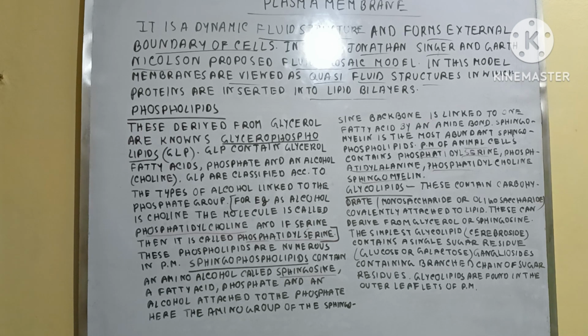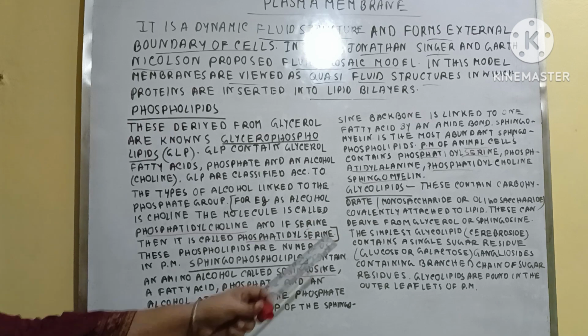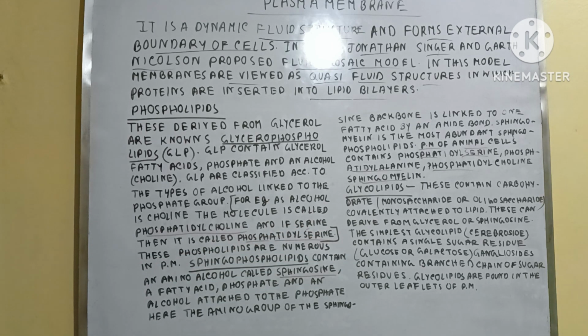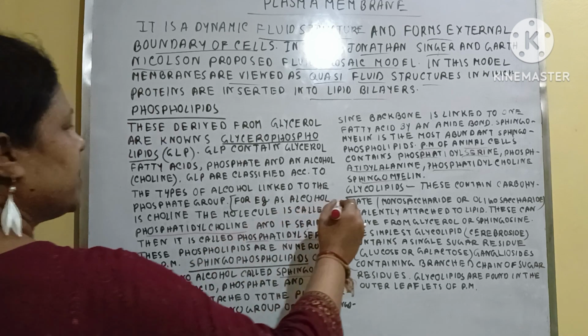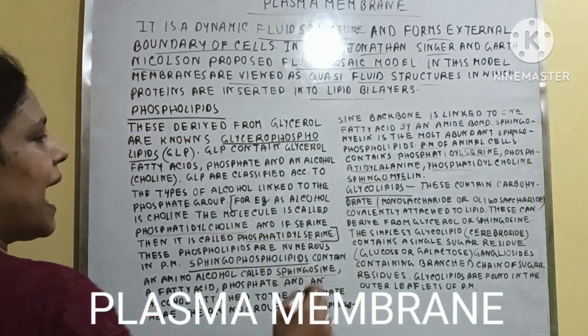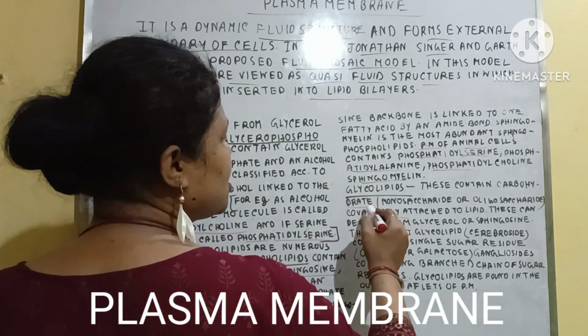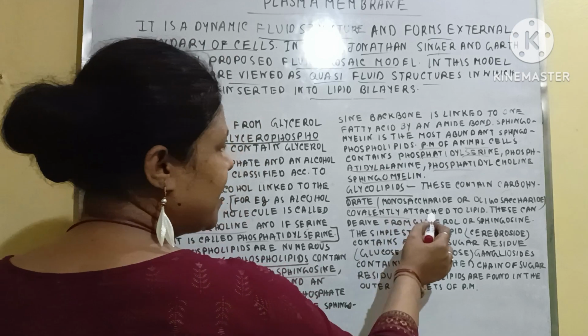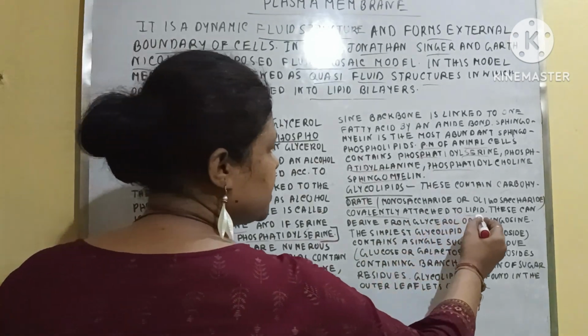After phospholipids, there is another lipid, the glycolipids. These glycolipids contain carbohydrate, may be monosaccharides or oligosaccharides, and this carbohydrate is covalently attached to the lipid.